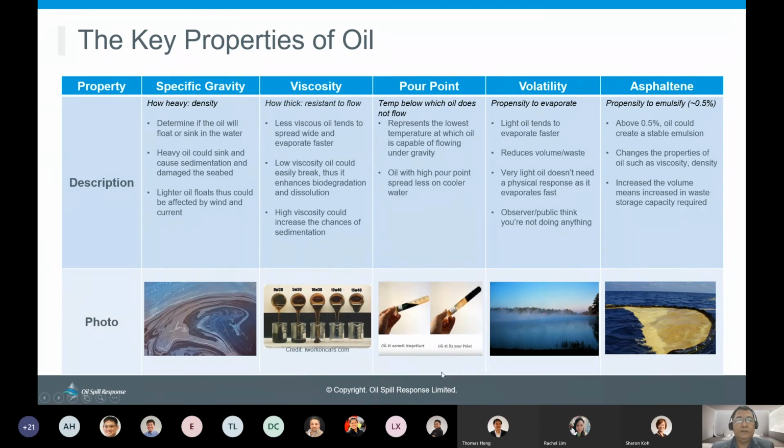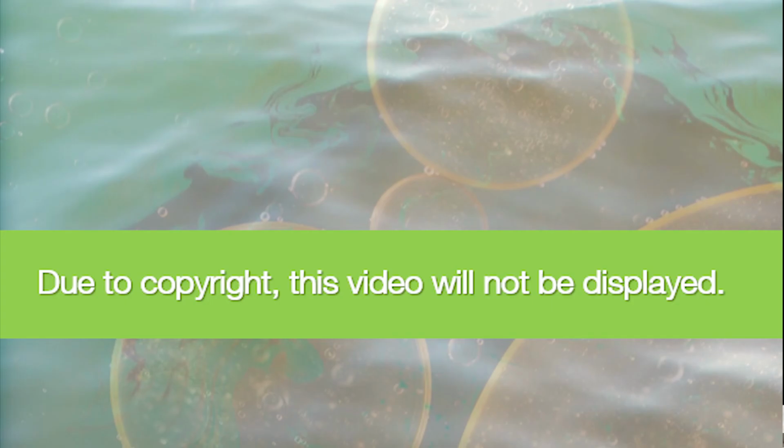Just to show you the differences between viscosities, I'm going to show you a short video clip here, to differentiate how the oil moves if it's very viscous and if it's very light oil. On your left, the viscosity here is 1 centistoke, but as you go to the right, it becomes thicker and thicker.